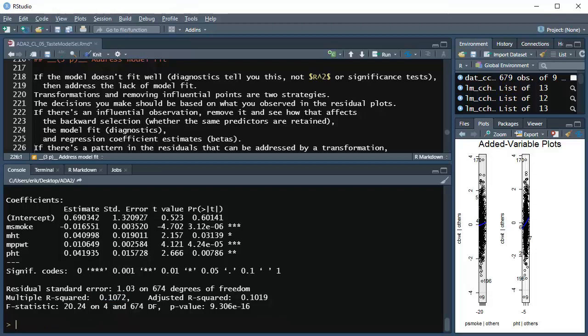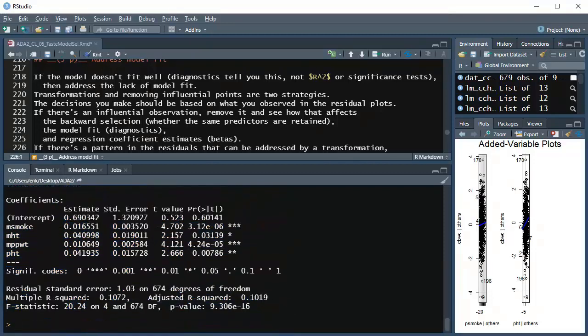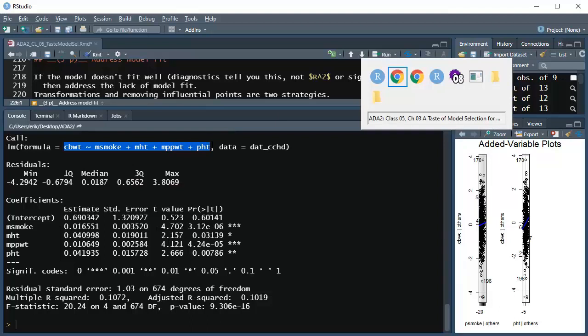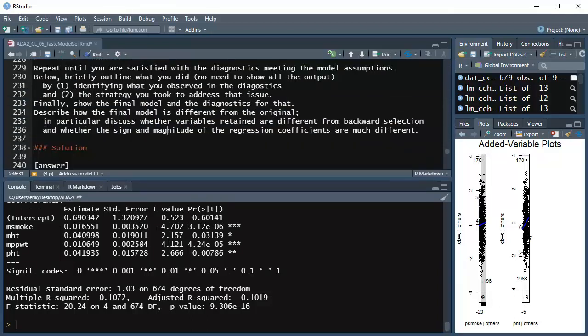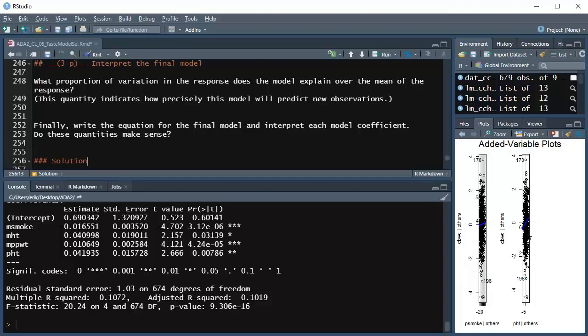And if I were doing this, I would copy this because those have your variable names. Let me just do this real quick. Interpret the final model. Okay, write the equation. Here we go.